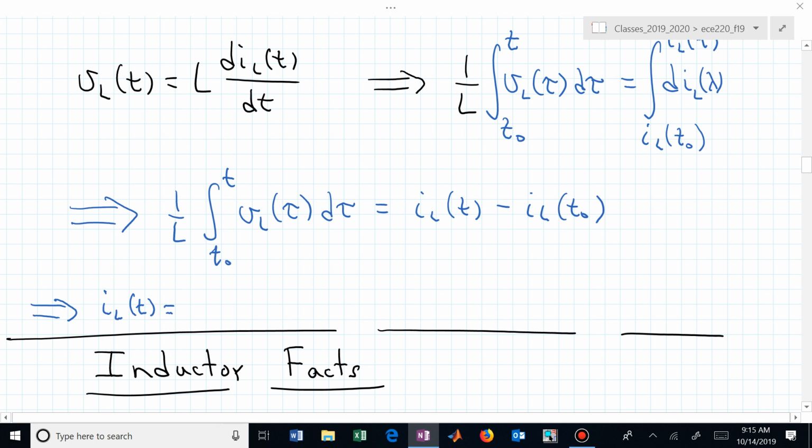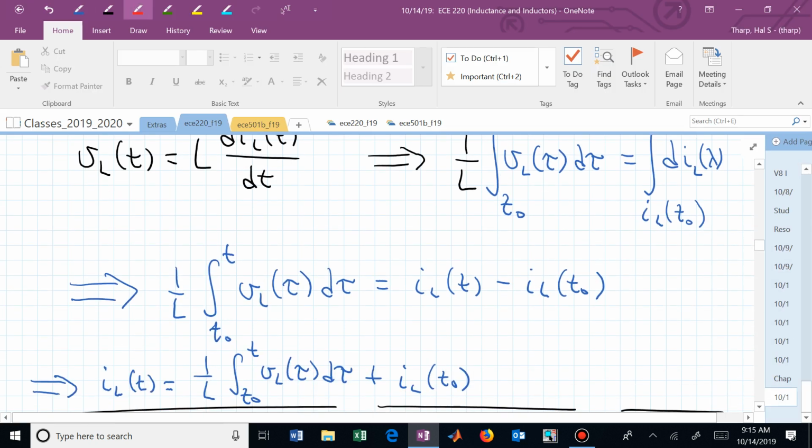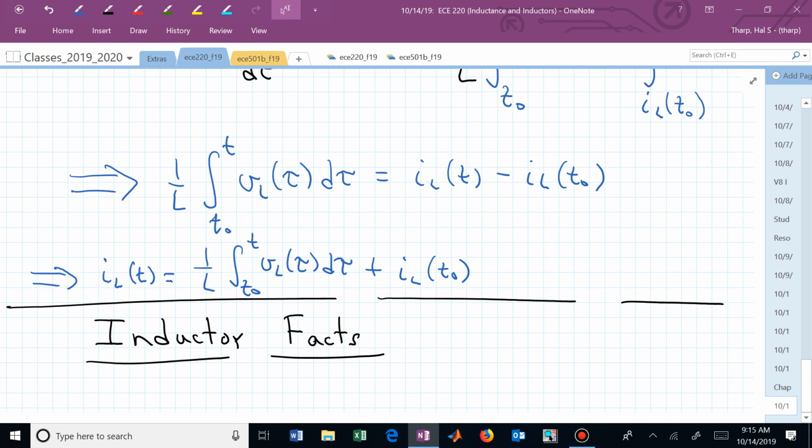So I sub L of t is now 1 over L integral from t0 to t V sub L of tau d tau plus I sub L of t sub 0, where this now has two components, the current.